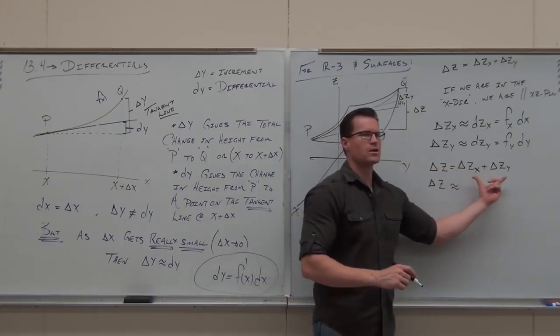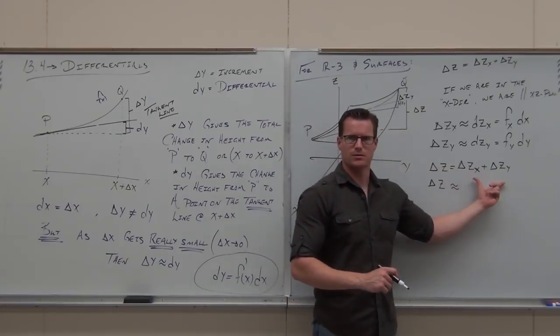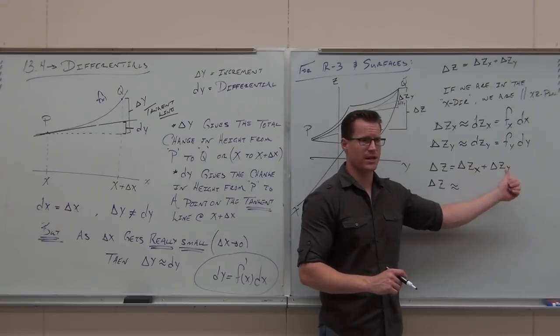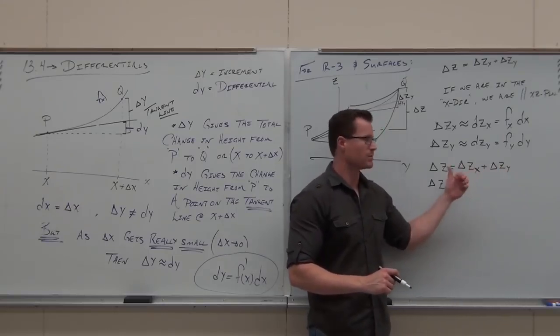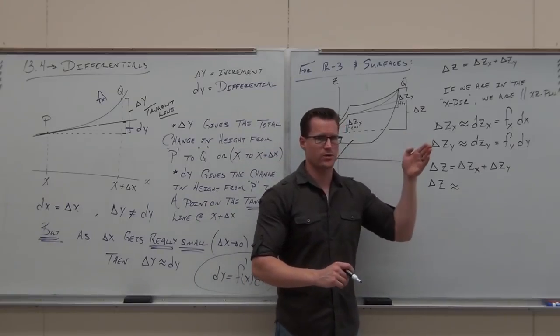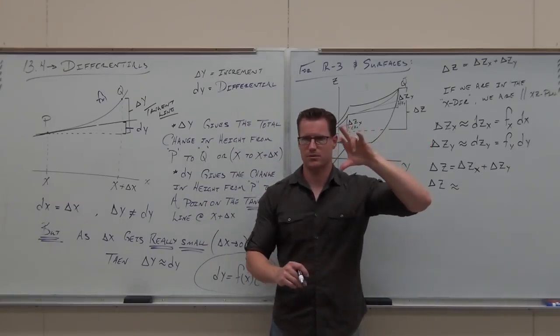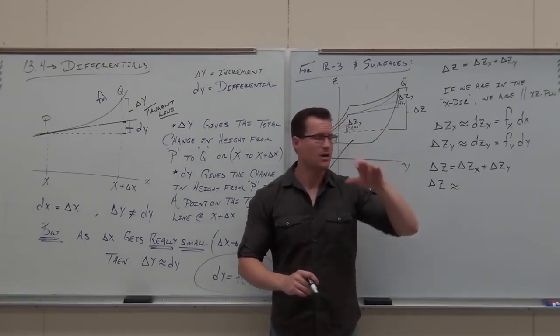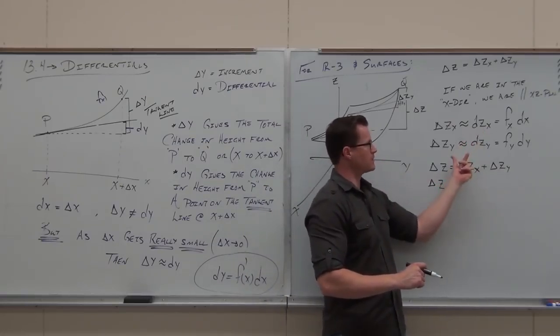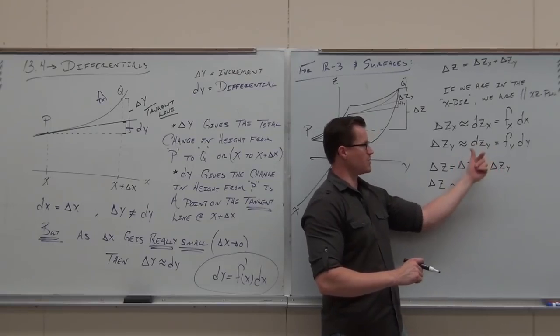This thing here is certainly equal to this. Look, equal, not approximated. This is the actual change. You guys see the increment? The actual change along the x plus the actual change along the y is the total change between the two points. That's what that says. However, that is approximated by this.